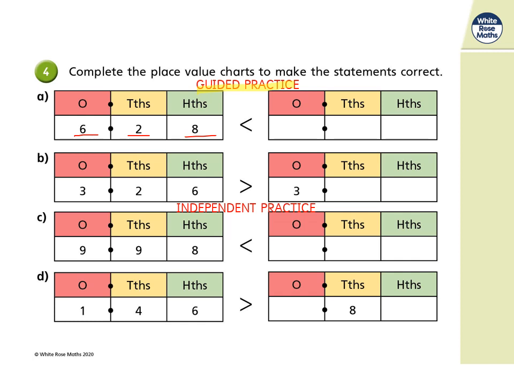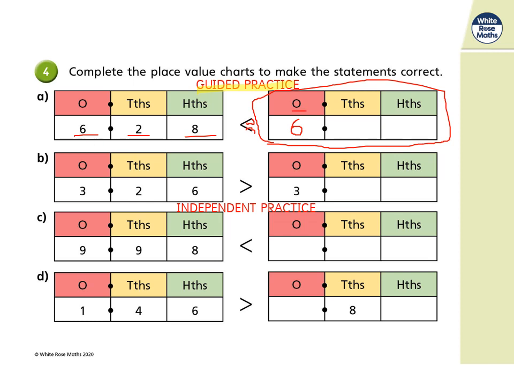So it means that this number that I write in this place value chart must be larger. Remembering our crocodile loves to eat the largest amount with its jagged teeth.